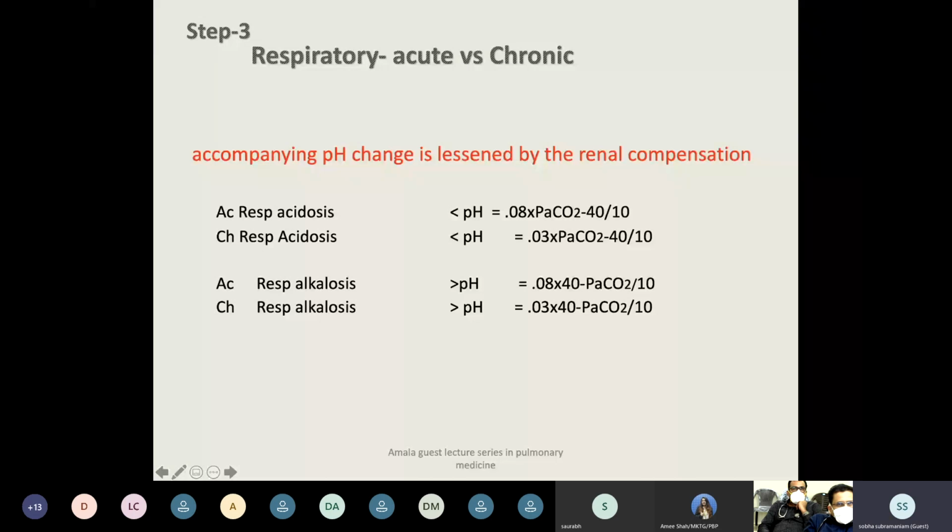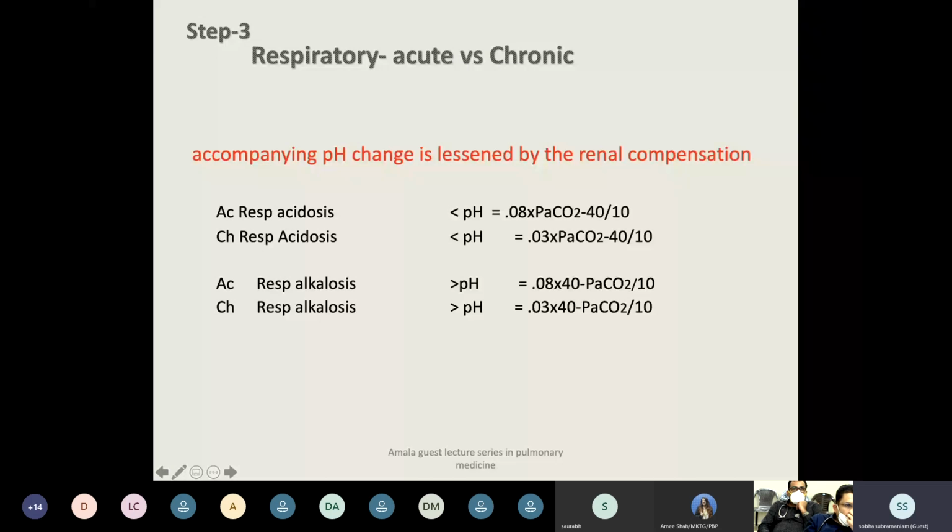So you reduce 0.24 from 7.4. So the pH will be 7.16. Whereas in the same patient, if you are thinking in terms of chronic respiratory acidosis, it will be 0.03 into 3, 0.09. So 7.4 becoming 7.31. So it is a small pH change you get in chronic respiratory acidosis.